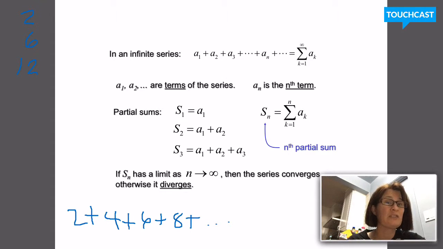The next partial sum, 2 plus 4 is 6, and 6 is 12, and 8 is 20. So does it seem like there's a limit to this sequence? The limit as n goes to infinity of this a sub n. Is there a limit? No. So this series, 2 plus 4 plus 6 plus 8 plus ..., diverges.